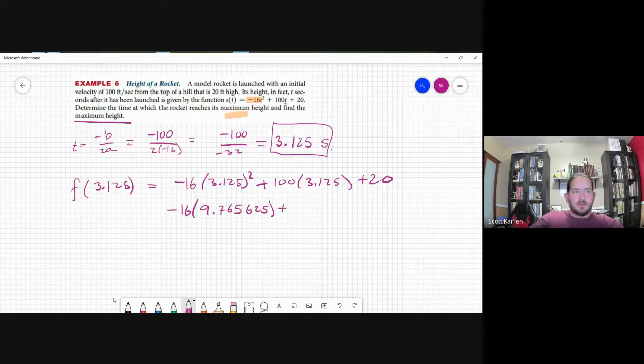Plus 100 times that is 312.5, and then plus 20.